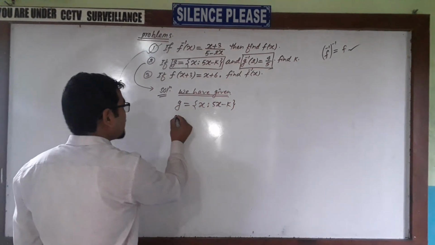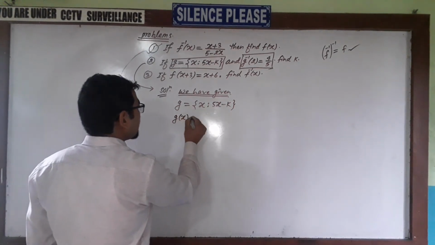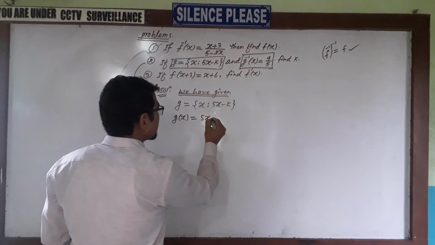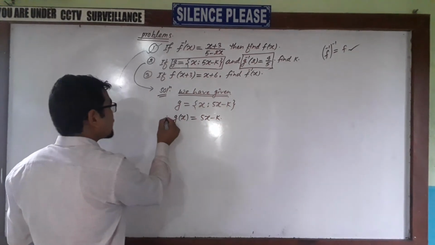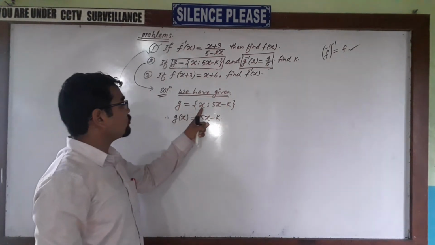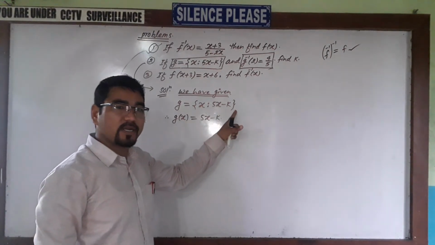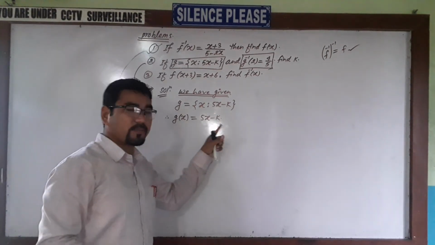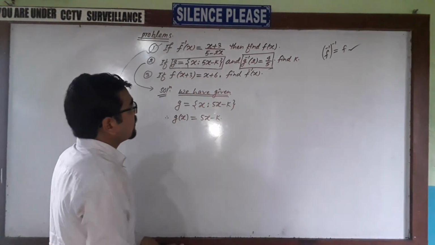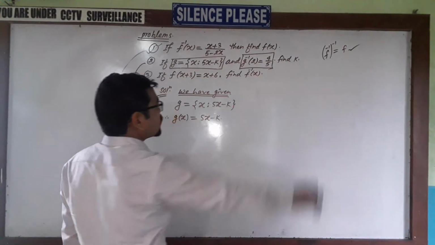This means we can write g(x) is equal to 5x - k. This matter is the same: if g is equal to x such that 5x - k is given, then g(x) is equal to 5x - k. There is no problem. Now here we have to find g inverse 2.